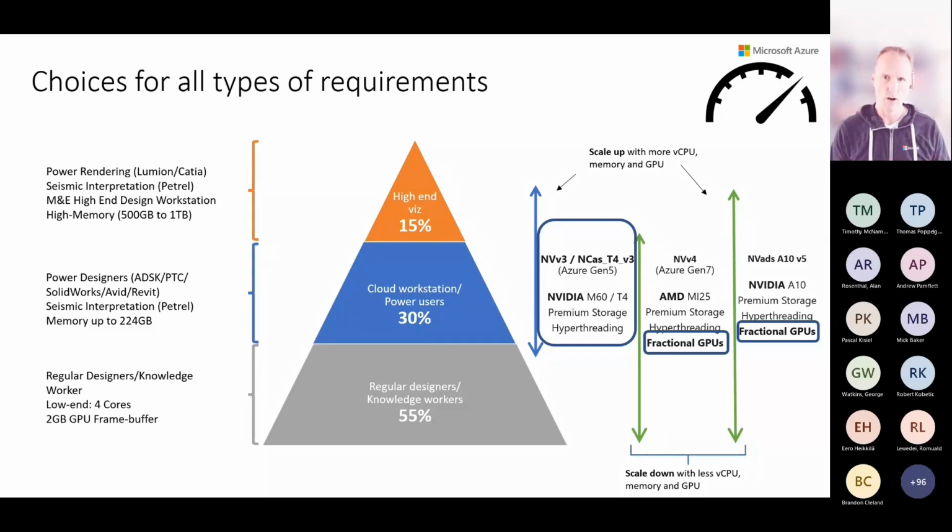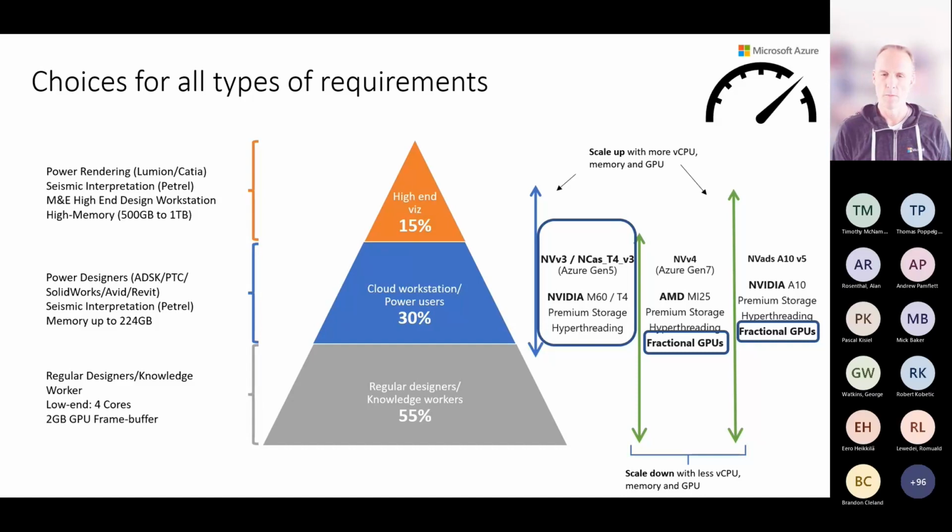So under the covers, the hardware is the same, right? So it's either an AMD MI25 or an A10 from NVIDIA, but we offer them fractionally, meaning that you can, for example, in the case of the NVV5, have 1/6 of an A10.